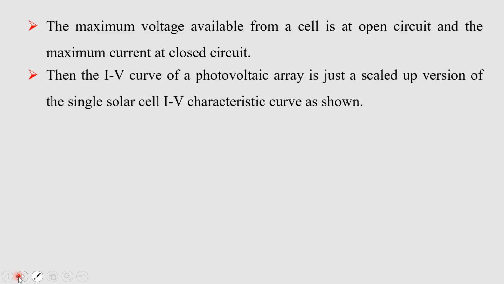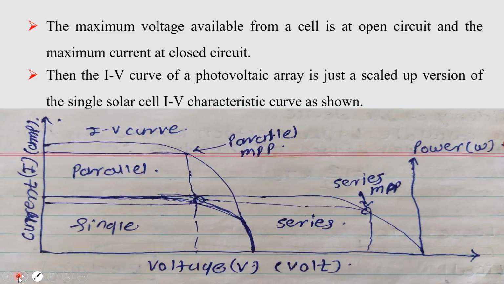The IV curve of a photovoltaic array is just a scaled up version of a single solar cell IV characteristic curve, as shown in the figure. This figure shows current in amperes and voltage in volts, with the single curve and the parallel condition IV curve.